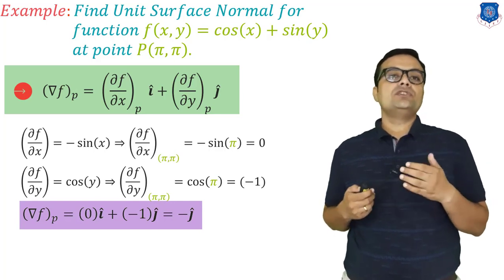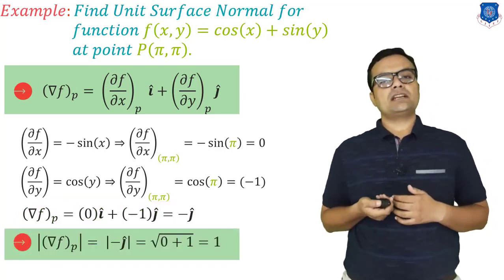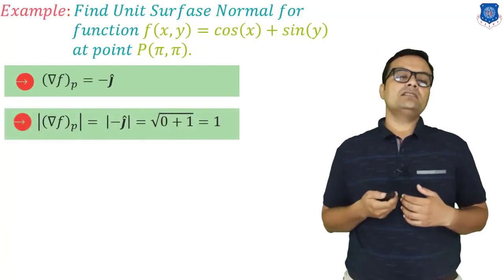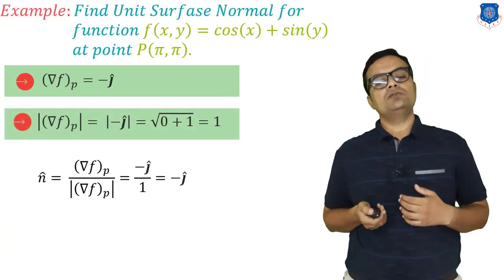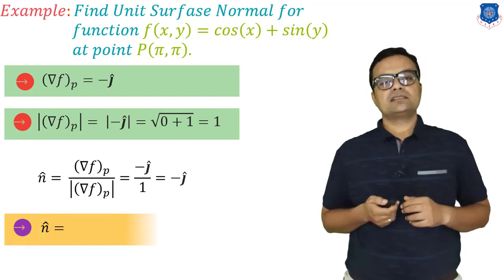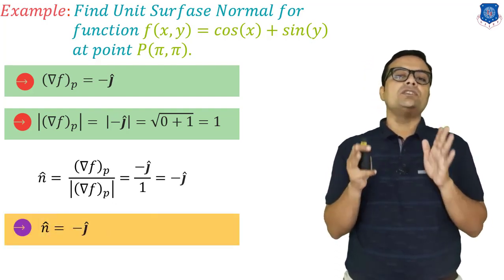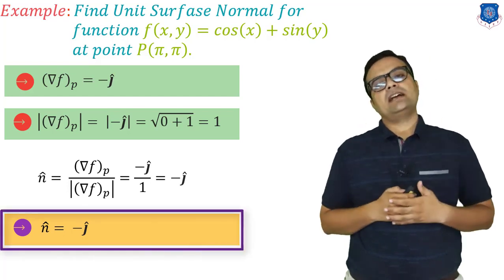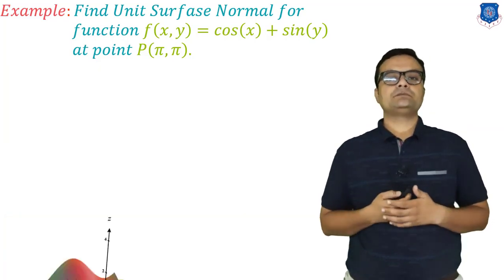Now if I want to find the unit surface normal, I should take its magnitude, and dividing the given vector by this magnitude, it results in minus j. This is how I can find the unit surface normal for any surface at any point P.